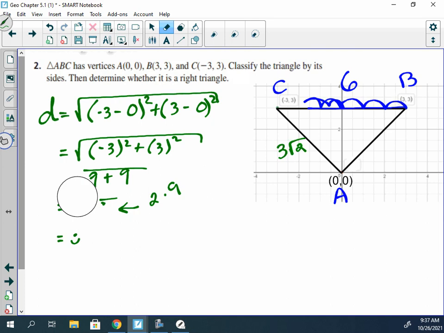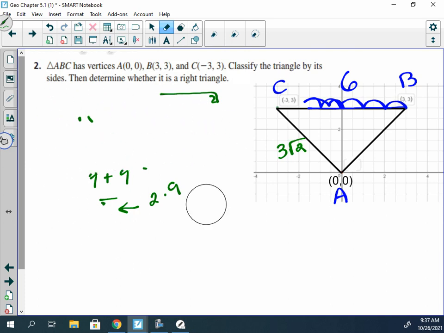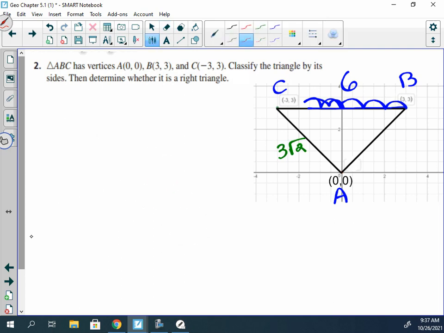Well, we still have to find the distance of the other side. Distance is equal to the square root. What are our x values from A to B?